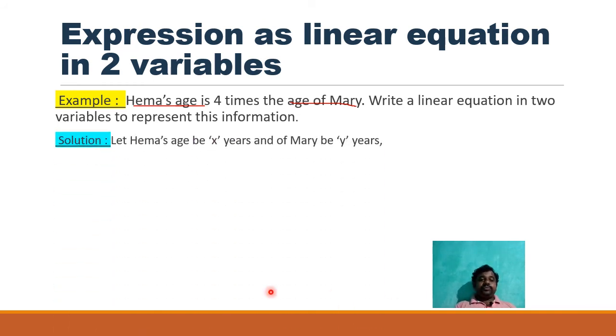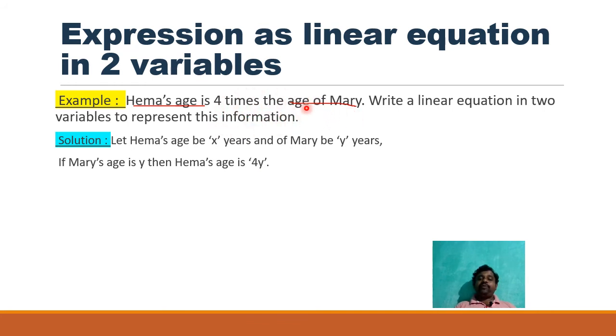Now let the age of Hema be X years and that of Mary be Y years. If Mary's age is Y, then Hema's age is 4Y. Why? Because it is 4 times Mary's age.